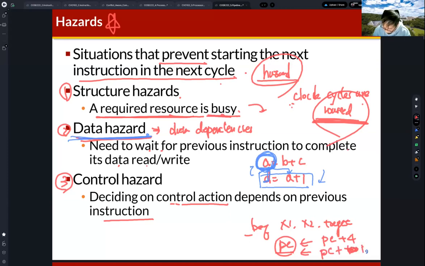So like immediate. But in order to know this next PC, we need to know the result of the branch instruction. So until we know the result of the branch instruction, we cannot know the next PC exactly.